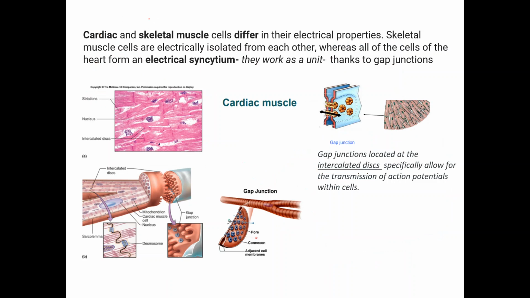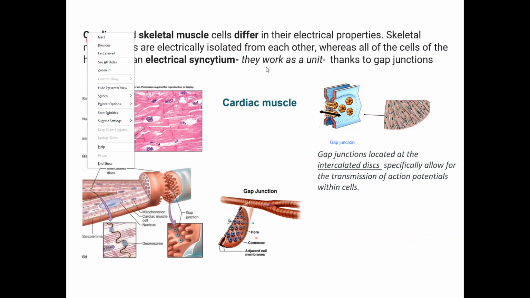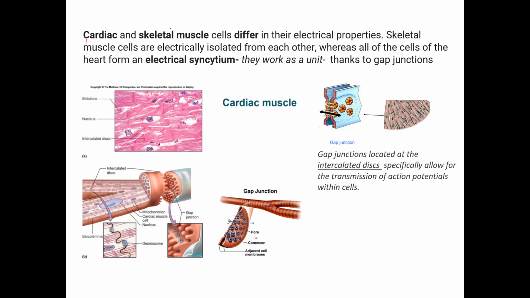Next, I want to show you how the cardiac muscle cells form what is known as an electrical syncytium. This refers to the intercalated discs I mentioned before, which stain darker.